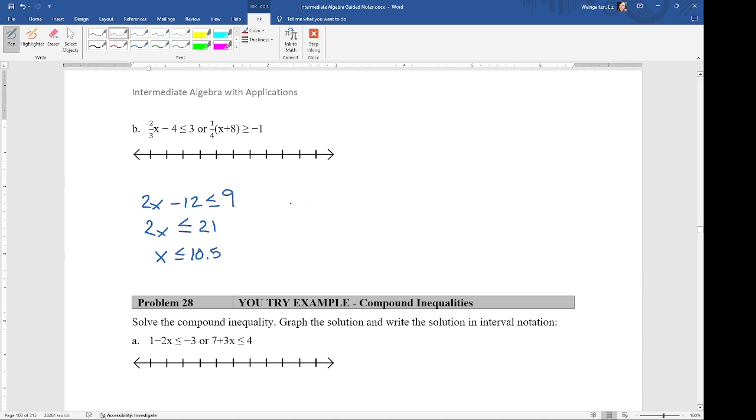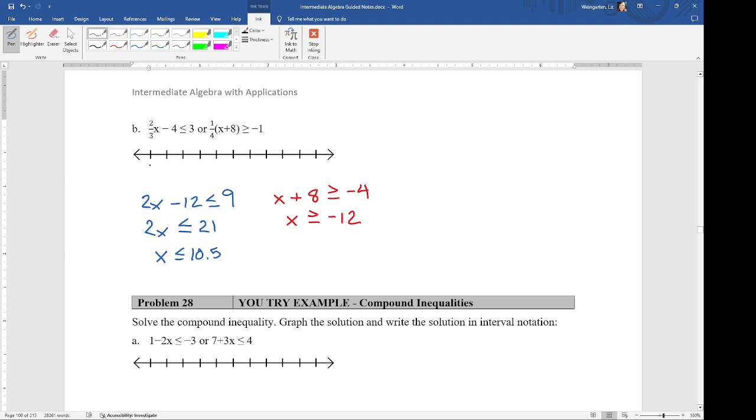Next, I'm going to multiply both sides by 4. I'll subtract 8 from both sides, and I get x is greater than or equal to negative 12.